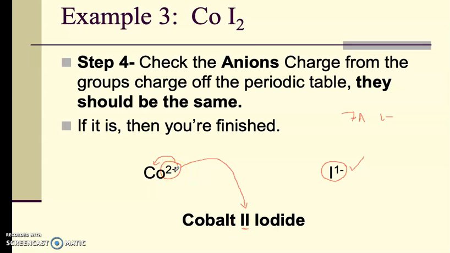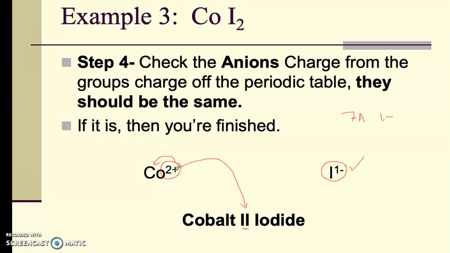It's very important to check the nonmetal's charge to make sure it's correct, and also to check the charge for the Roman numeral. Writing the Roman numeral is very important. This here is going to tell us if this one is right, and we're going to look at some different examples and switch it up, and you'll see exactly what I'm talking about.